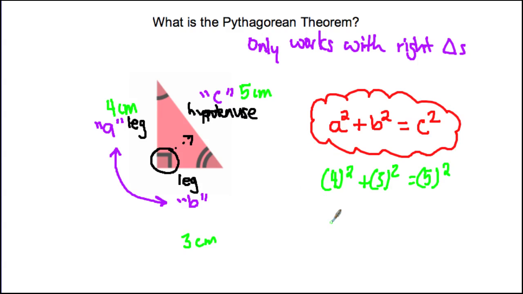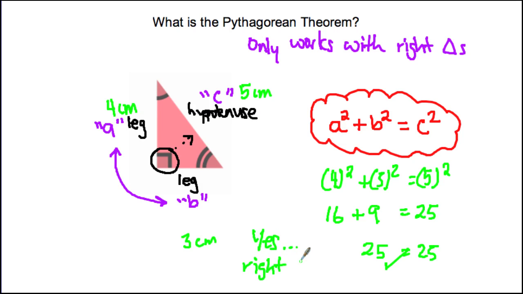Let's work that out. 4 squared is 16, plus 3 squared is 9, and 16 plus 9 is 25, and that equals 5 squared, which is 25. So yes, our check step works, which confirms that this is a right triangle. If it was not a right triangle, those two sides would not equal one another.